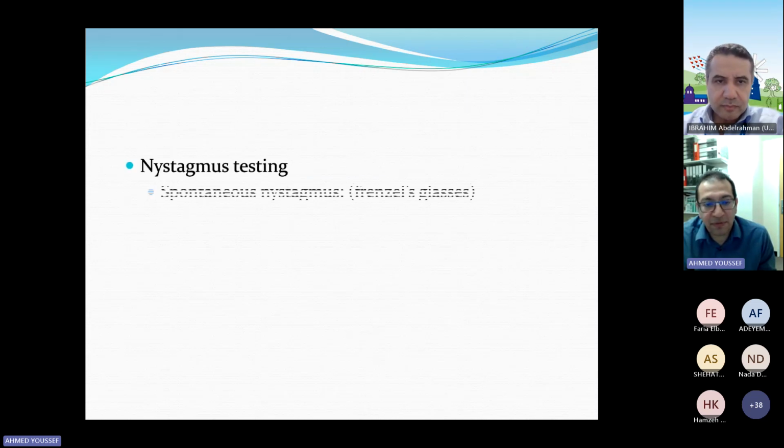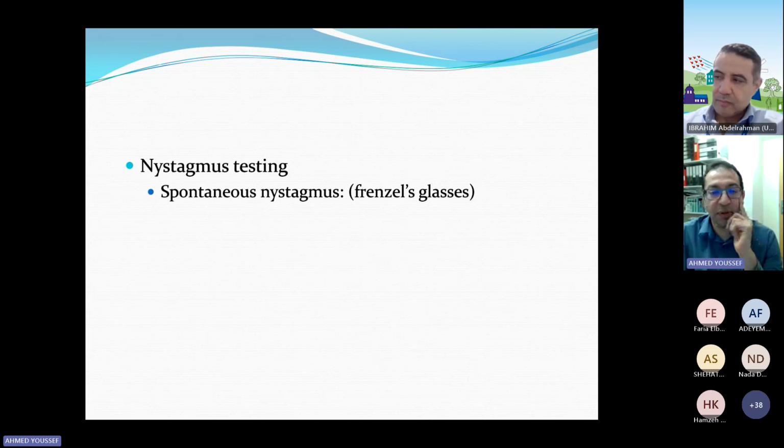So if we want to test for nystagmus, you look initially for spontaneous nystagmus. Ideally, you would want to have Frenzel's glasses, because, as you know, the nystagmus of peripheral etiology gets reduced by fixation.